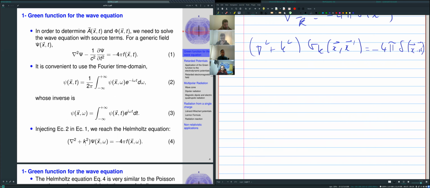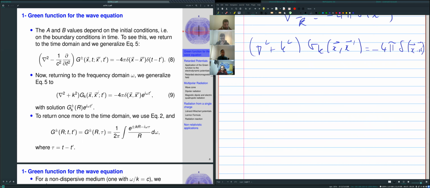Okay, so this equation 4 is the Fourier transform of the equation 1, and this second time derivative injects this k squared using the oscillating exponential. Okay, now here we're doing the same. This k squared comes from this second derivative. I forgot the typo here.